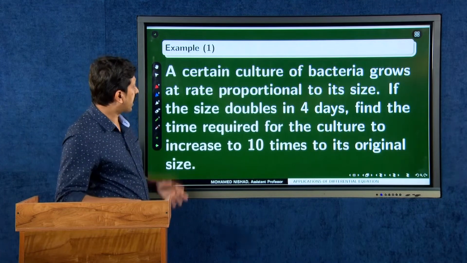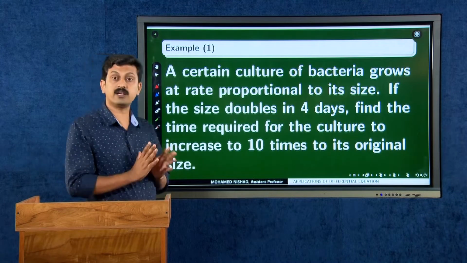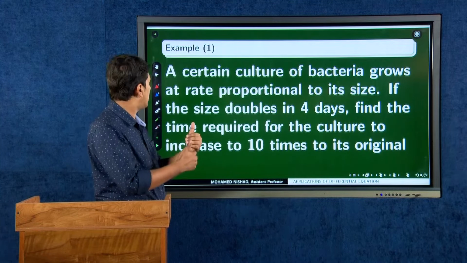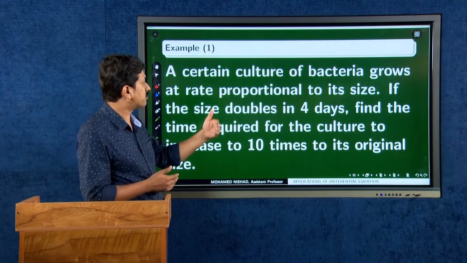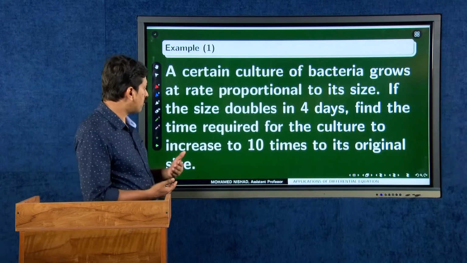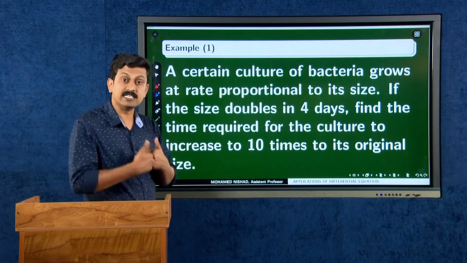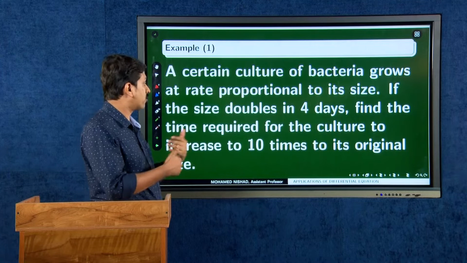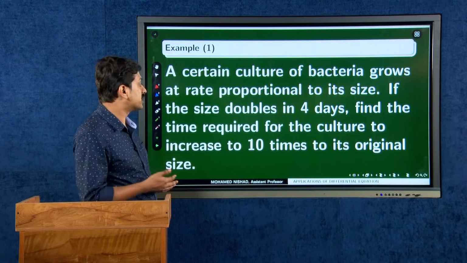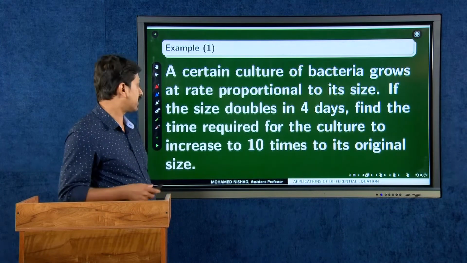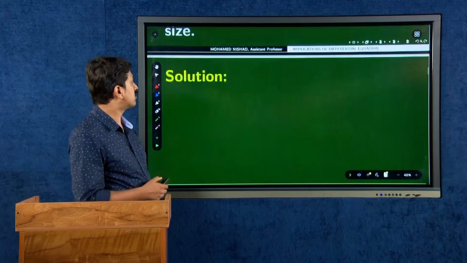Dear students, here it is given that to double the size it will take 4 days. Now, our task is to find how many days are needed for the culture to increase to 10 times its original size. Okay, fine.